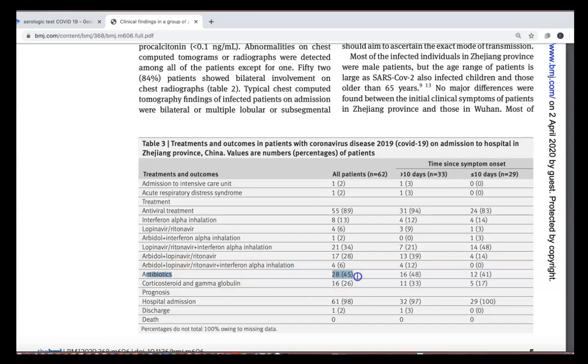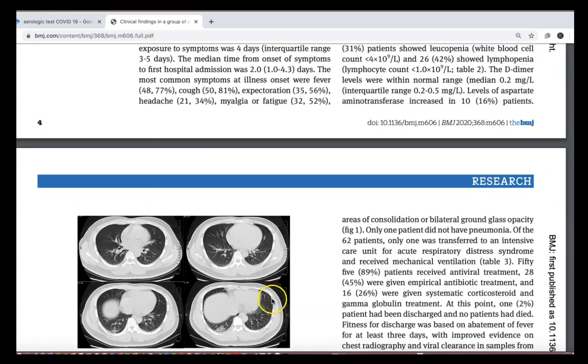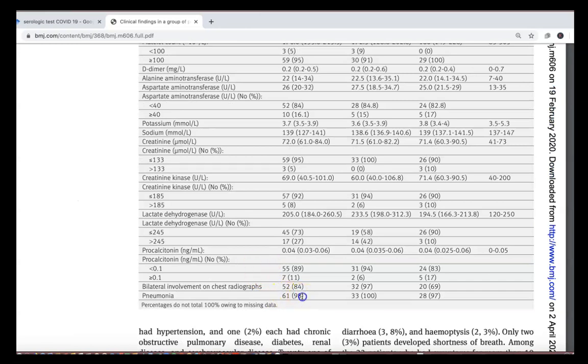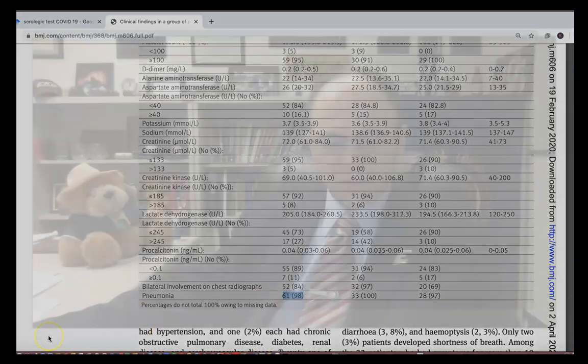A lot of people got put on antibiotics because they were probably worried about secondary infections that could be helping drive that pneumonia. When somebody's lungs get attacked by a virus, there's also the potential for other types of infections, possibly bacterial in nature, to move in. So that's a little bit about an actual case series that was done.